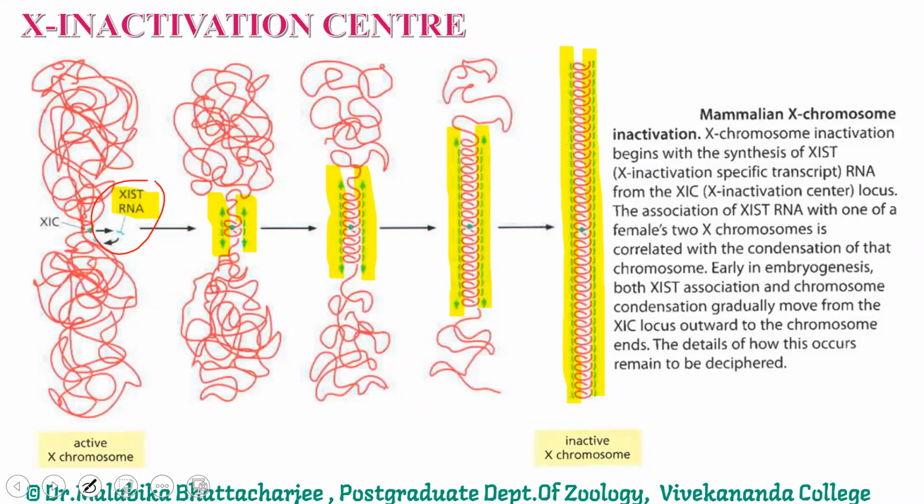For example, it recruits the enzyme which deacetylates histones, so it removes acetyl groups from histones. It also involves an enzyme which methylates lysine residues on histones 3 and 4. As a result of the removal of acetyl groups and the addition of methyl groups, the DNA becomes more and more heterochromatinized.